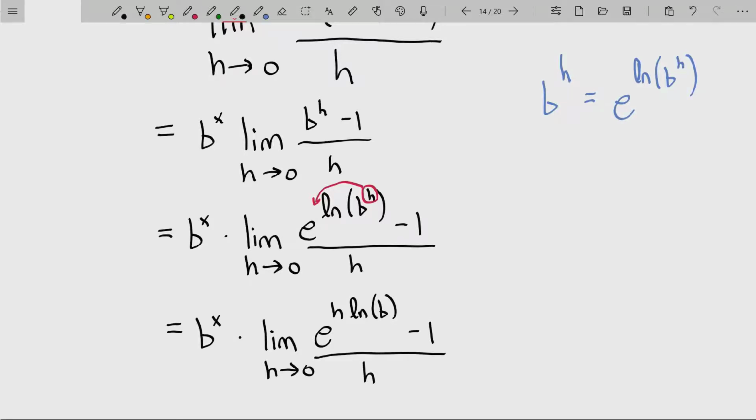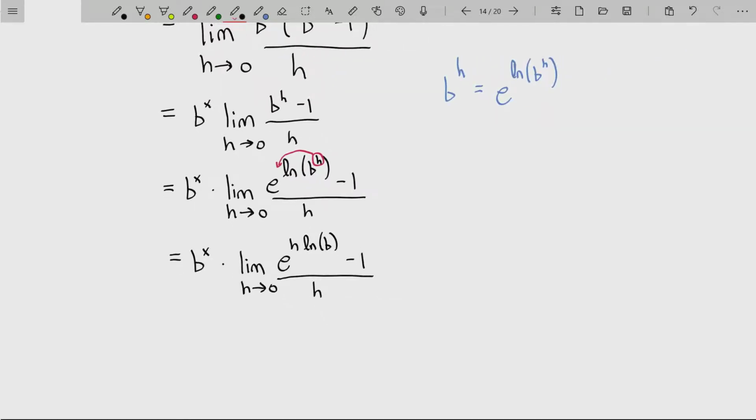And here's where I kind of thought, maybe this proof won't work, until I realized it will. We're going to let k equal h times the natural log of b. b is a constant, it's positive, it's not 1. So if it's a positive, not 1 constant, then as h goes to 0, k will go to 0.